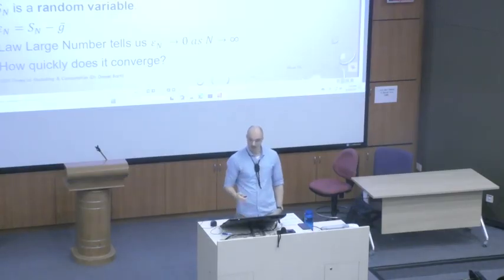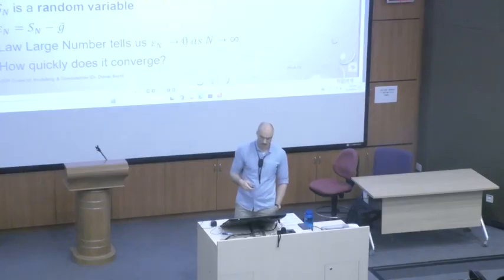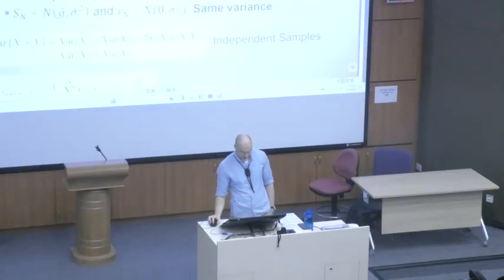That is where the central limit theorem will kick in. So this is again S n over n, and the same for epsilon n.